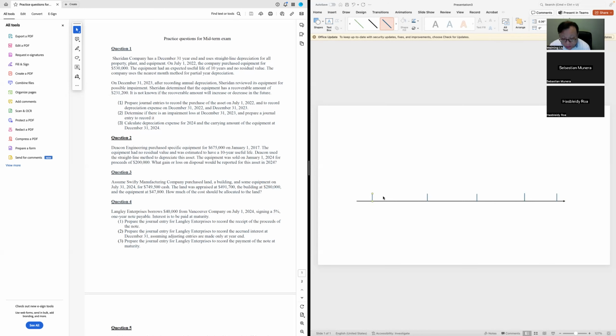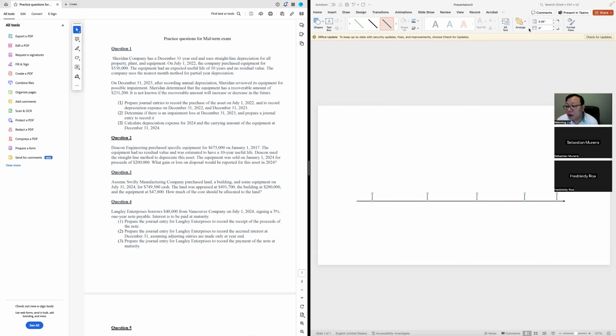So I'm going to set up the timeline so that it's easier for us to see. I need to align the top, and I also need to align this horizontally.